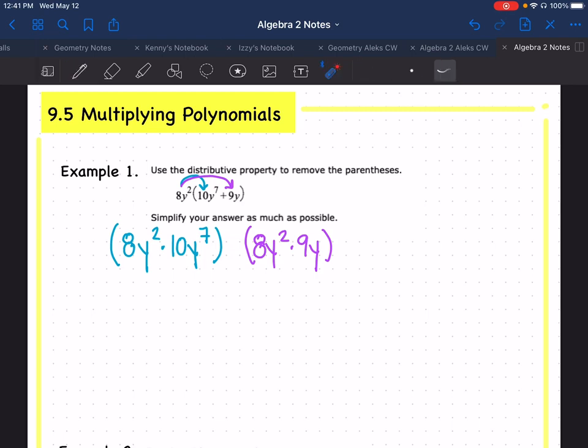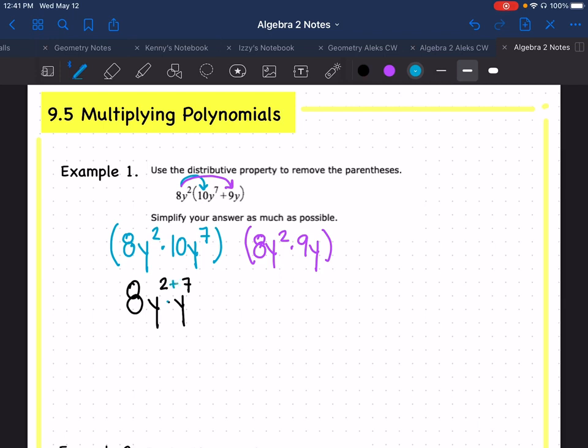Now for the first blue parenthesis, we're going to go ahead and multiply 8 times 10. 8 times 10 is 80. And then I have to remember what I can do to the y squared times the y to the 7th. Since they both have the same base of y, the rule says when you are multiplying the bases, you can add the exponent.